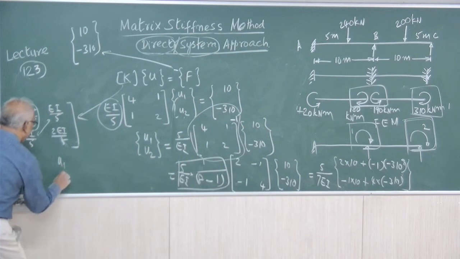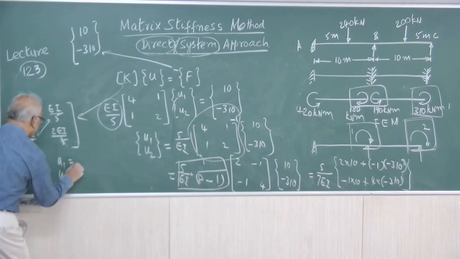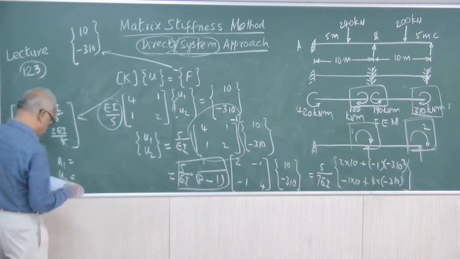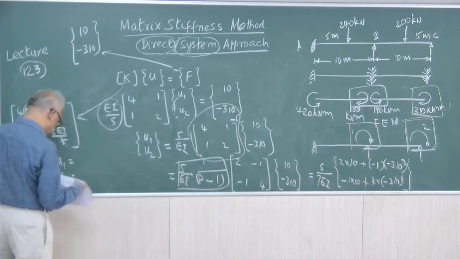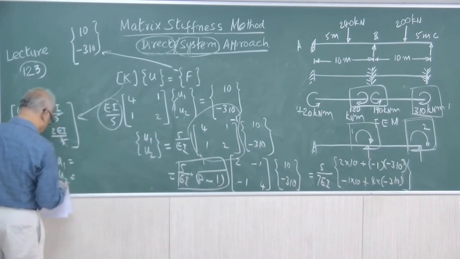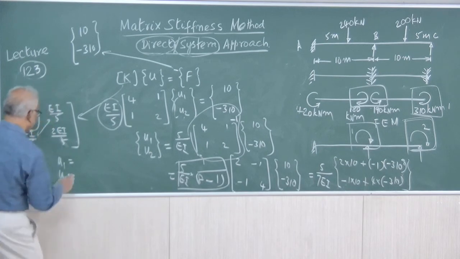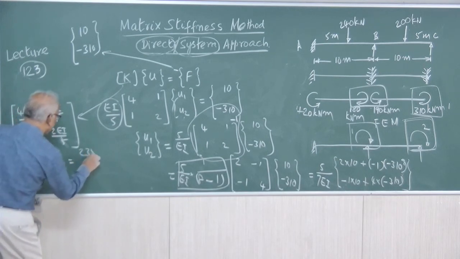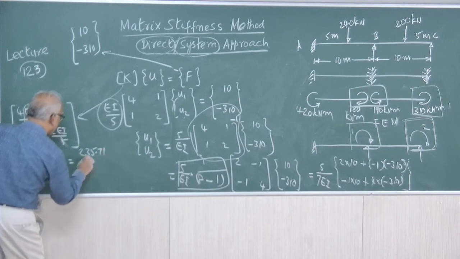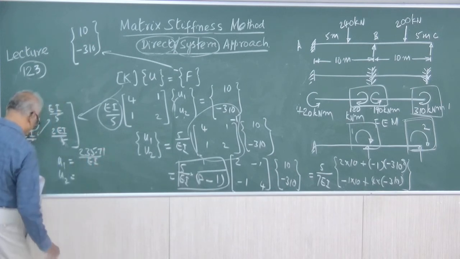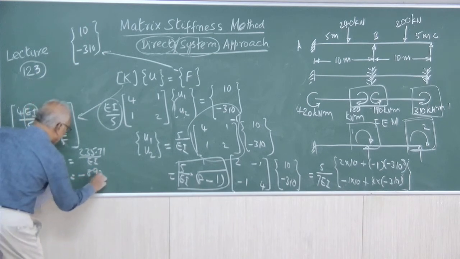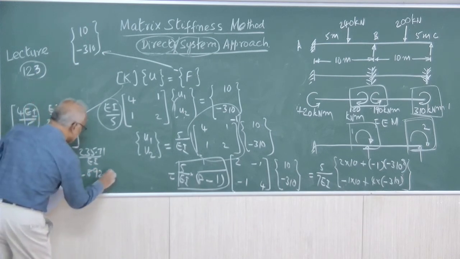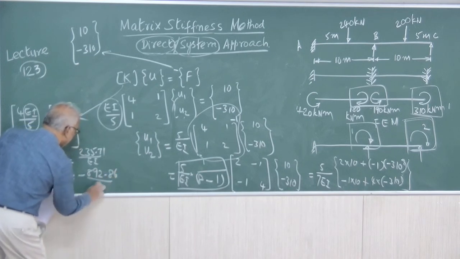U1 equals 235.71 by EI. U2 equals minus 892.86 by EI.